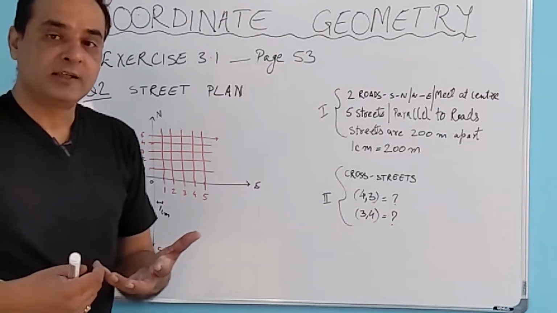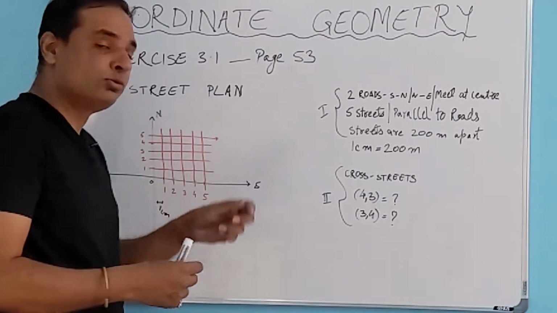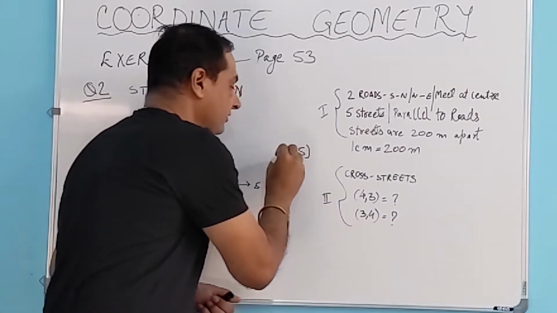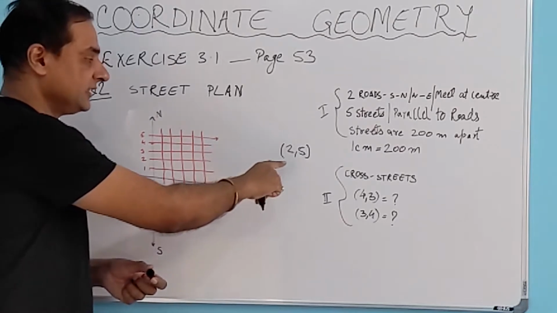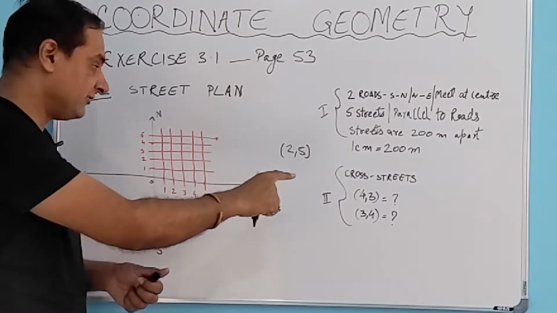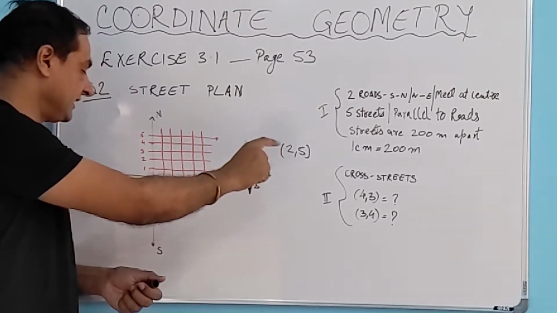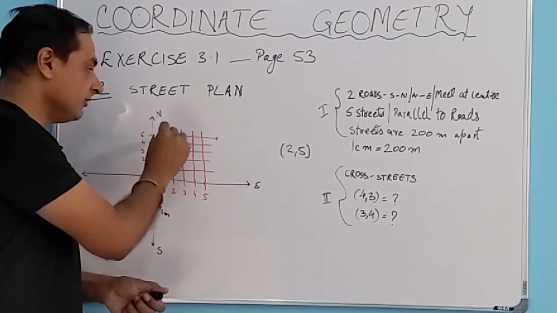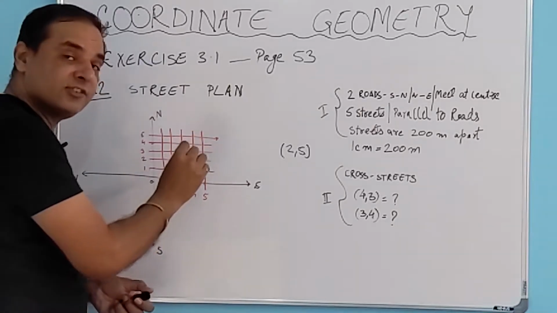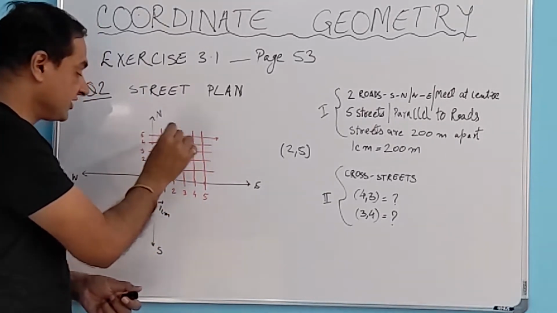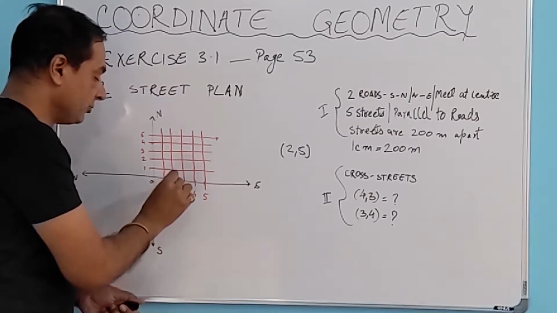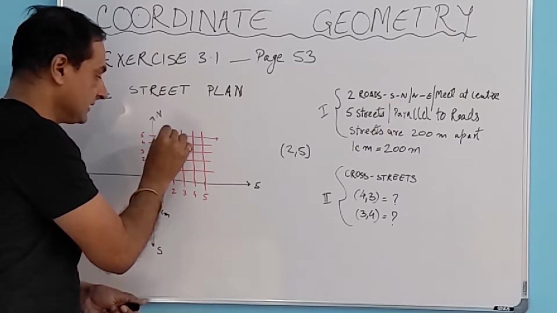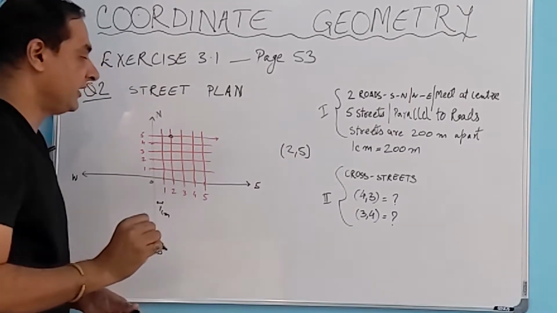So by definition in the question, it is given that if this is 2, 5, then this cross street is basically the second street which is running north to south direction, where it is intersecting with the 5th street which is running east to west. So basically if we look at the second street and the 5th street which is running east to west, this is the intersection which is 2 and 5.